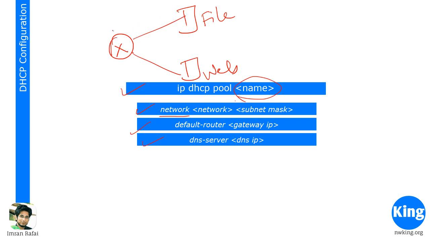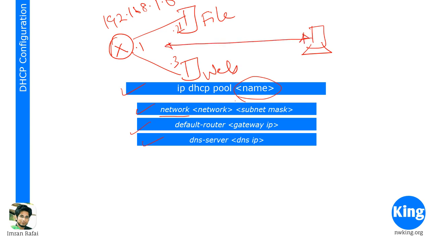Let's say we are talking about the 192.168.1.0 network, and this is assigned .1, this is assigned .2, this is assigned .3, right? If a new client comes and requests an IP address from the DHCP server, you don't want it to get IP addresses .2 and .3, because .2 and .3 are already configured.